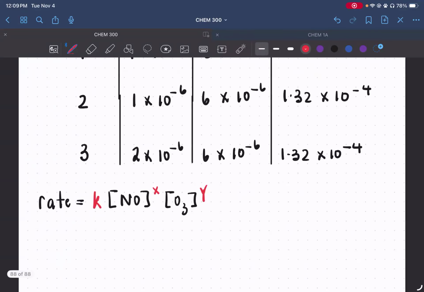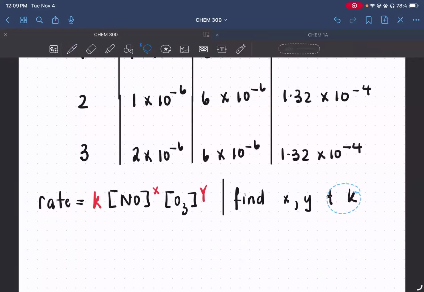This is what our final answer is going to look like. We need to write it in this form, but to do so, we need to find x, y, and k. So whenever the question says, provide a rate law expression, it's really asking you to find these three things, determine them, and then write it all in one full, nice statement.